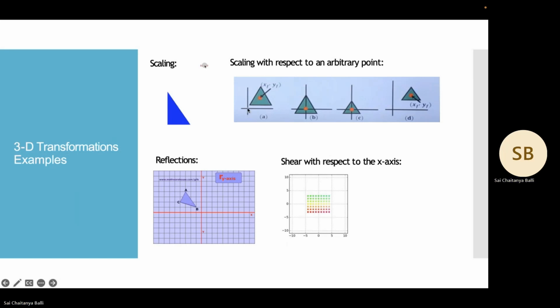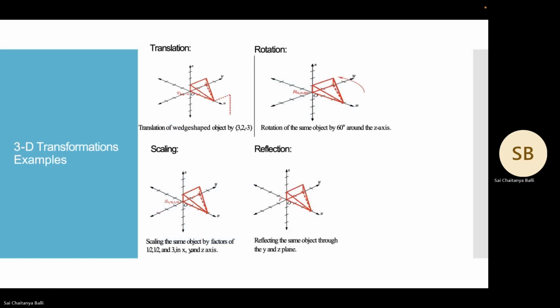replace P with the original point. So these are the reflections, and this is the shearing with respect to the x-axis. This is a translation of the object by 3, 2, -3.